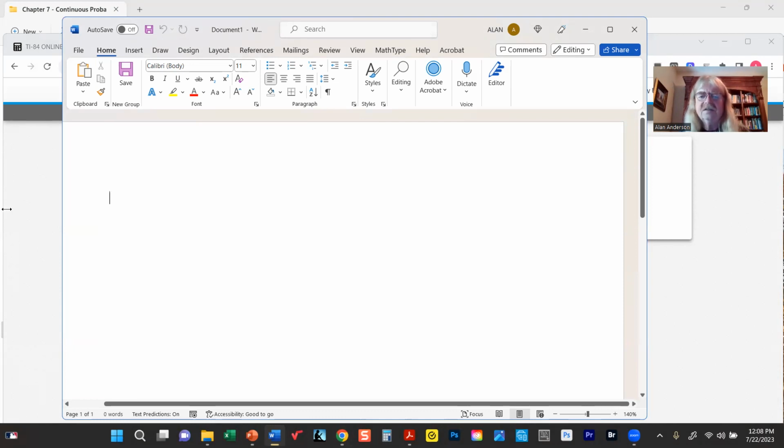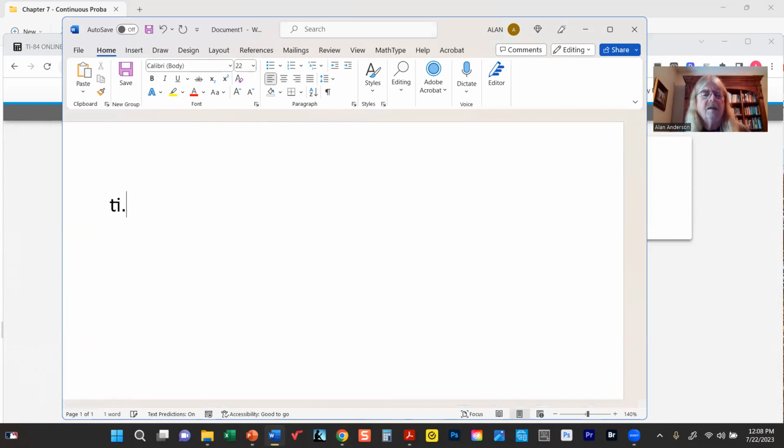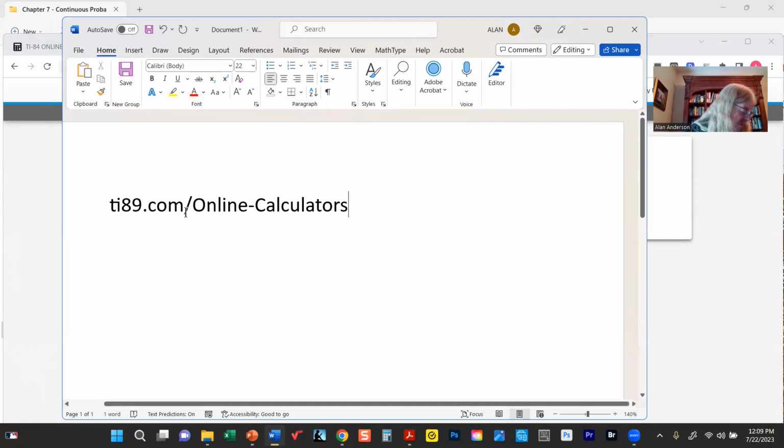What you're actually doing is typing, and I think this thing is case sensitive, but I'm not 100% positive. Oh, sorry, it's ti89.com. That doesn't sound right, but that is correct. ti89.com. Now, online calculators, they probably have the other ones too. Don't put a dash in between TI and 84.